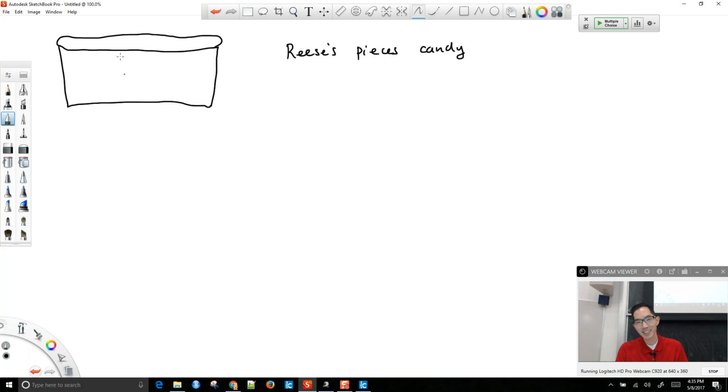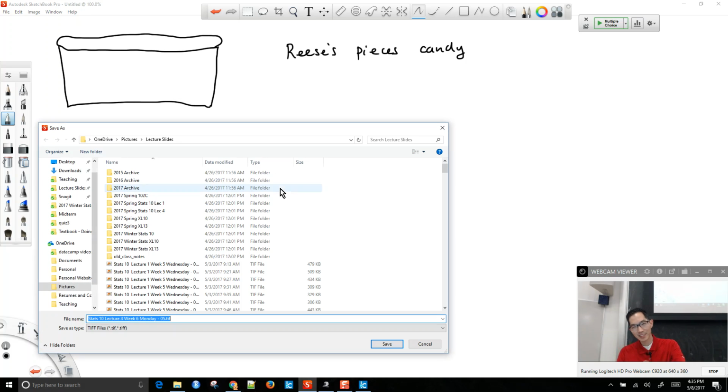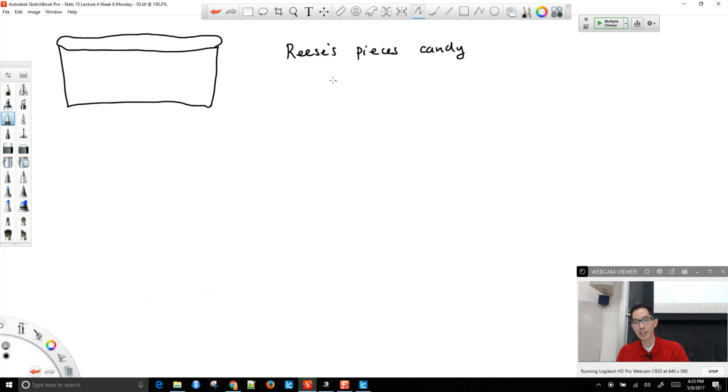They come in 3 colors. You can get orange, yellow, and brown. Let's say I fill this up, and this is going to serve as our population.